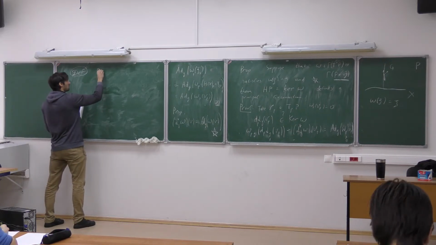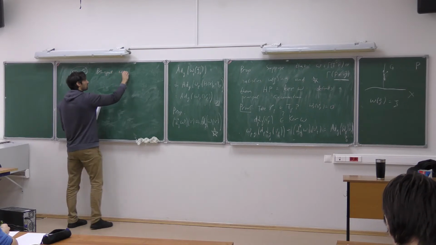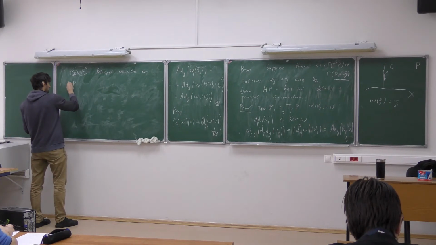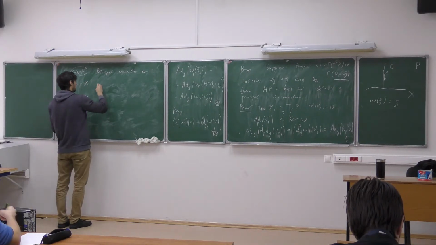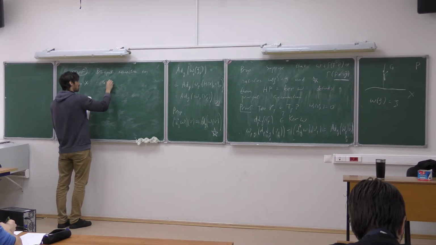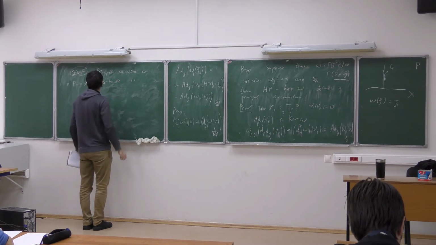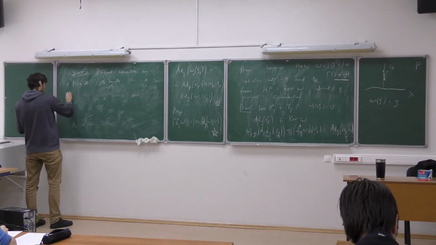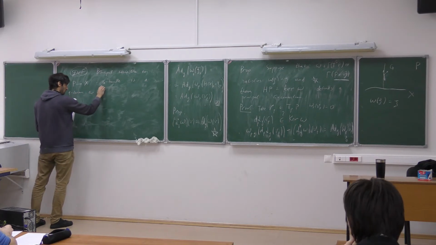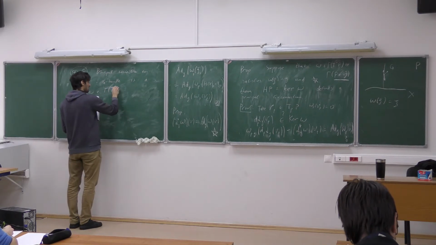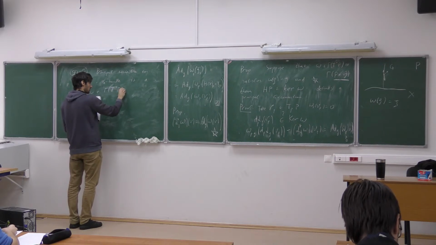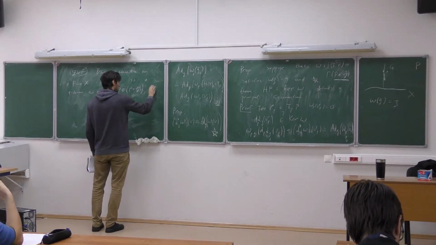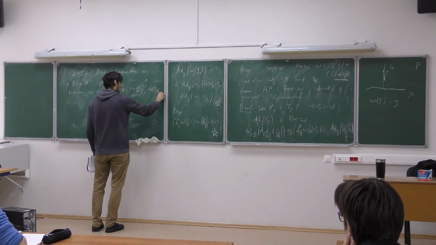A principal connection on P, which is a principal G bundle, is a choice of a one form omega from the sections of T star P tensor the Lie algebra G, satisfying two conditions.